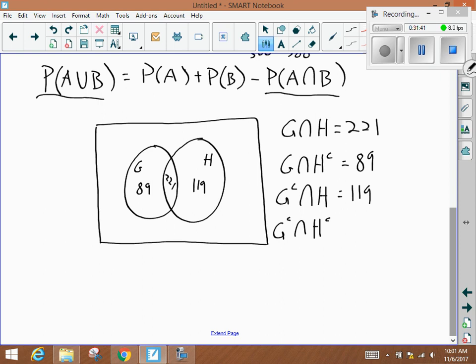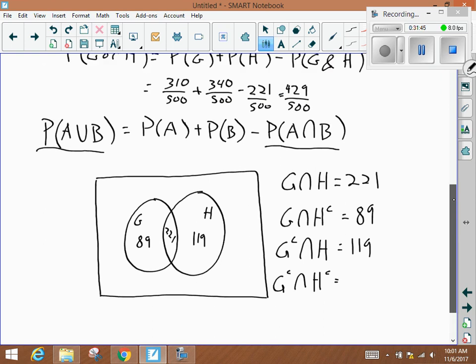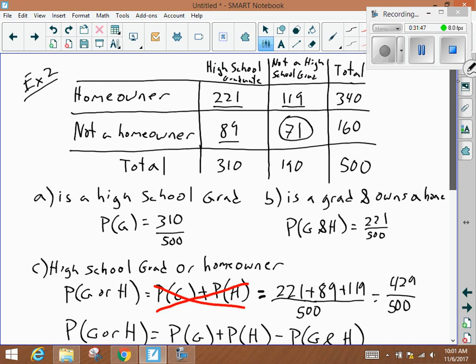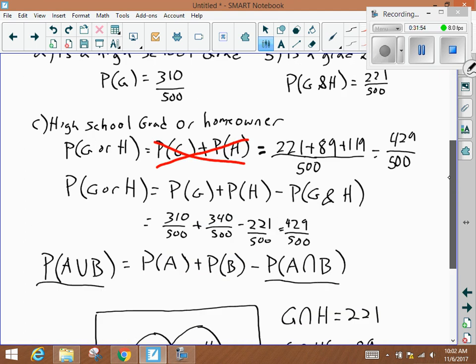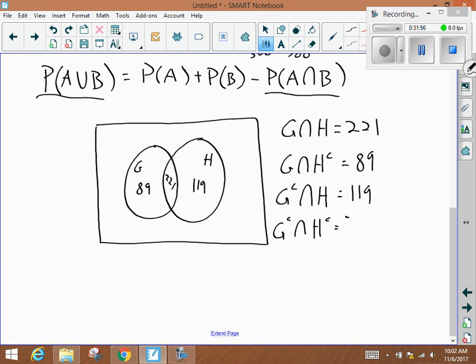So not a high school graduate and don't own a home. That was 71, right? So I hope you feel a little more comfortable with that notation after that. I know that's kind of the newest thing. You've probably seen a two-way table at some point in your education career, but maybe have not seen this notation.